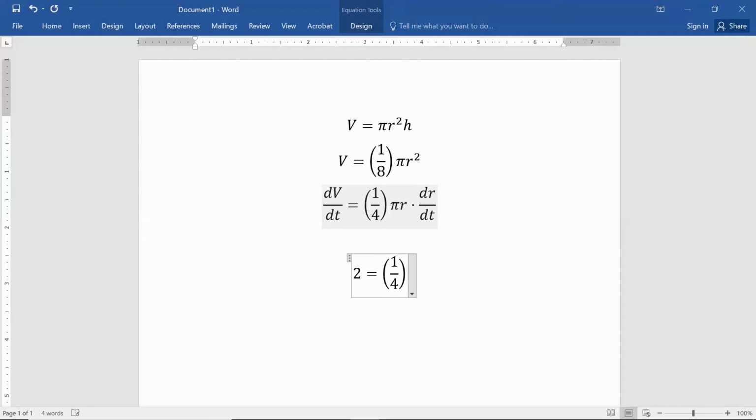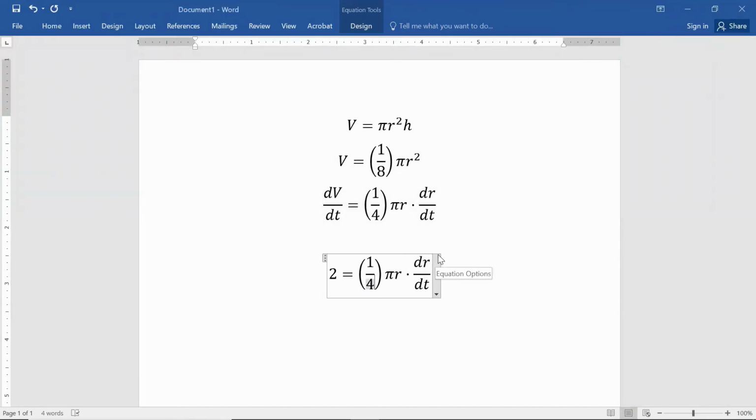That is equal to 1/4 multiplied times pi r times the rate of change of the radius. The rate of change of the radius can be found at any given r using this formula. I would just plug in r and solve for dr/dt.